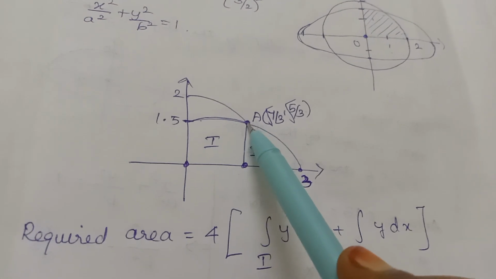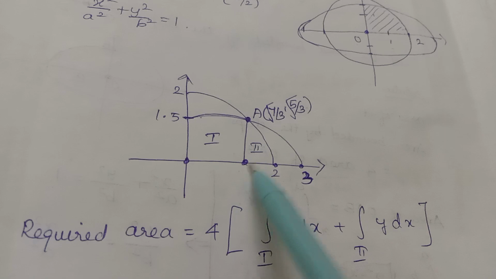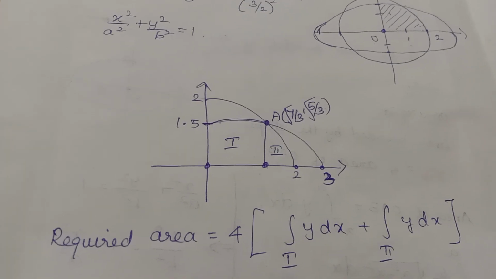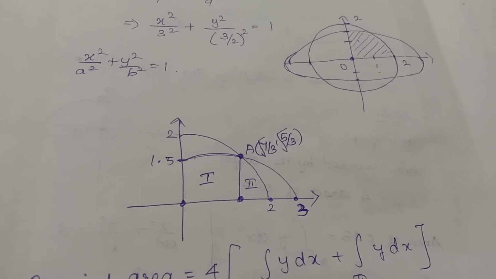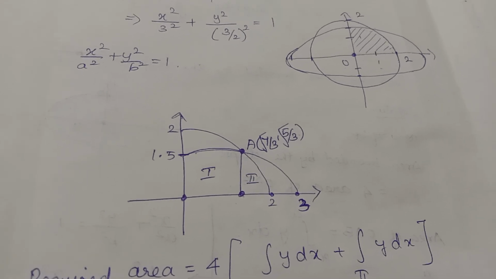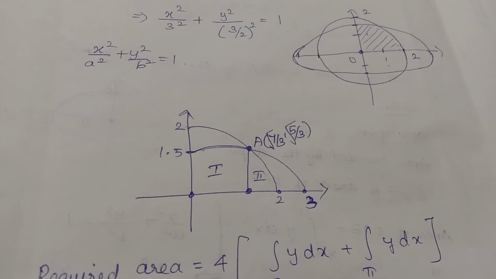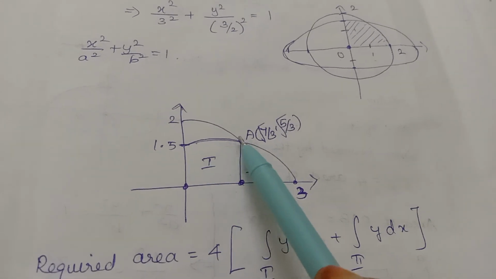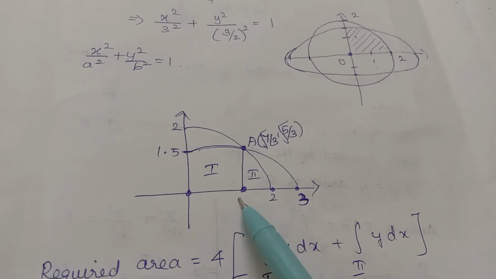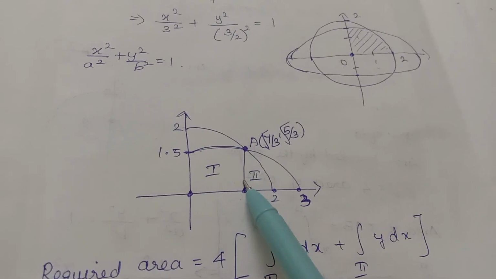So at the point of intersection you have to divide the area into 2 portions. This is the important point for these types of problems: when your area is bounded by 2 different curves, you have to separate them. Only then can you find the area. So at the point of intersection, just drop a vertical line that will divide it into 2 portions.